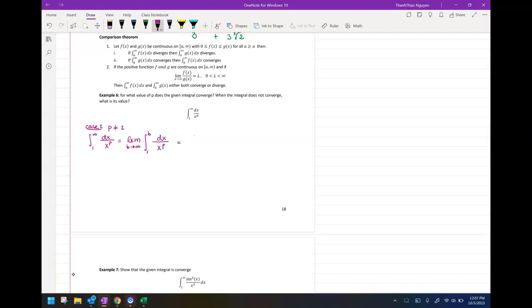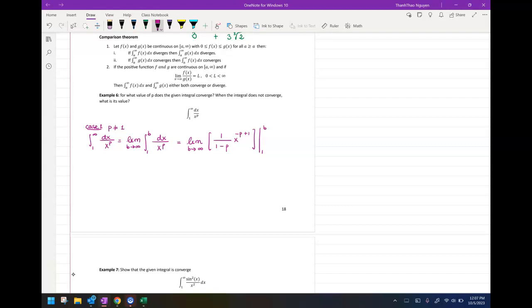This is the same as the limit as b approaches infinity of 1 over (1 minus p) times x to the (negative p plus 1), evaluated from 1 to b.